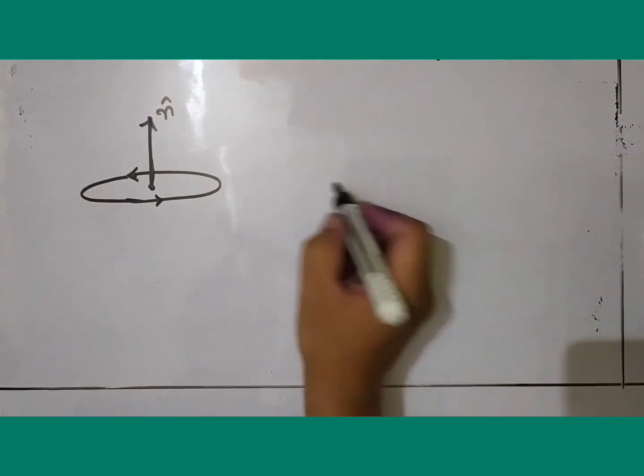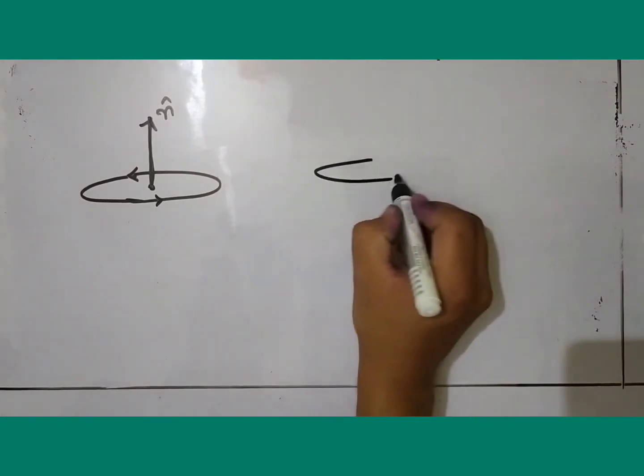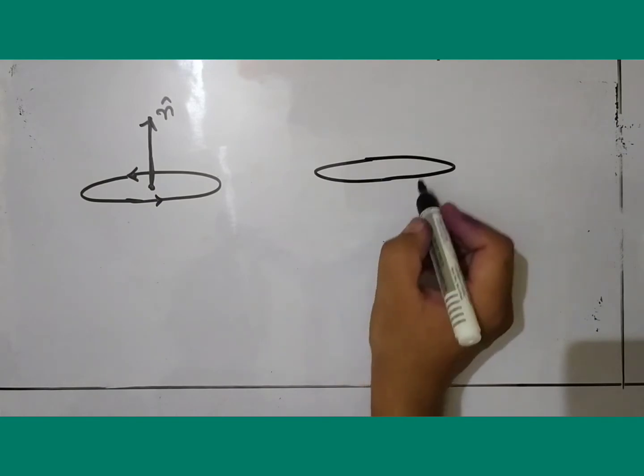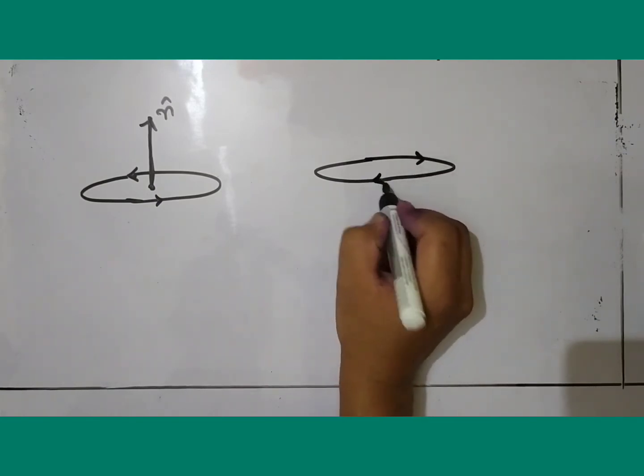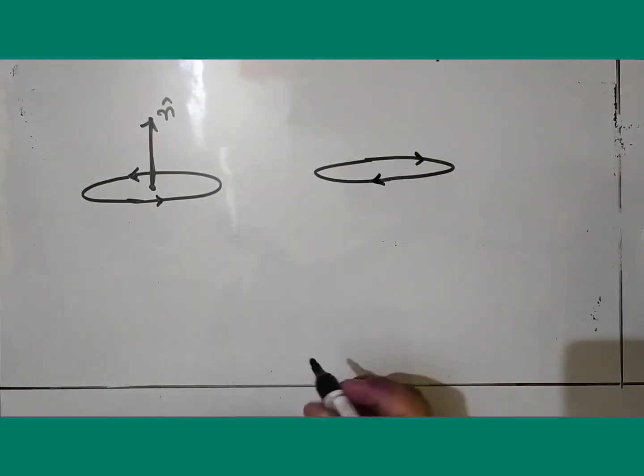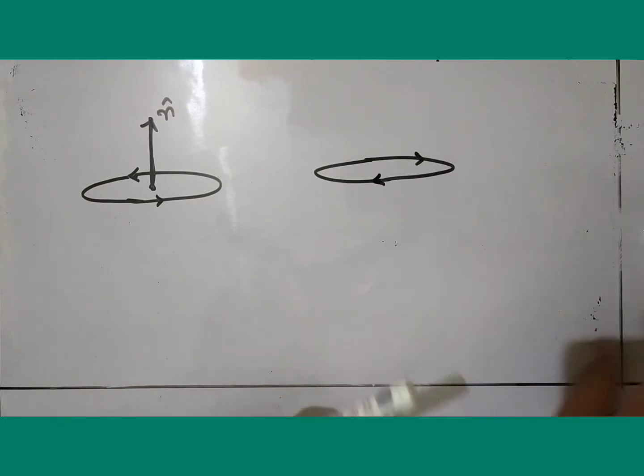Let us consider we have the loop as this one and current is flowing in the clockwise direction.